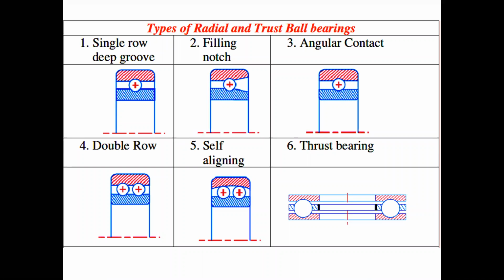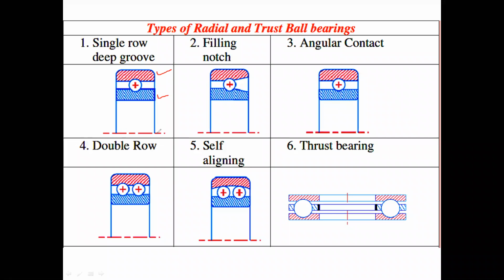So first there is the ball bearing. As far as ball bearing is concerned, this is a simple diagram of different kinds of ball bearing. You'll find that the red one is the outer race. In all the cases, there is an inner race in blue, and in between there is a ball.